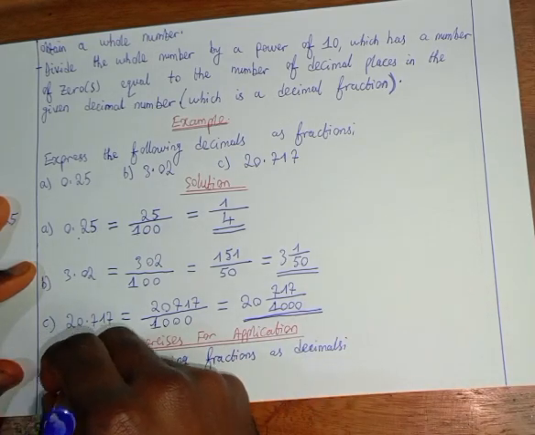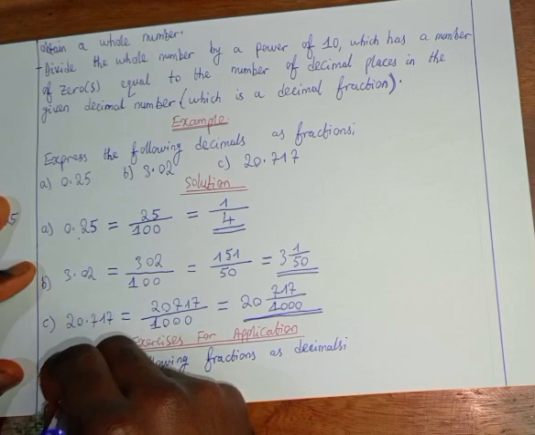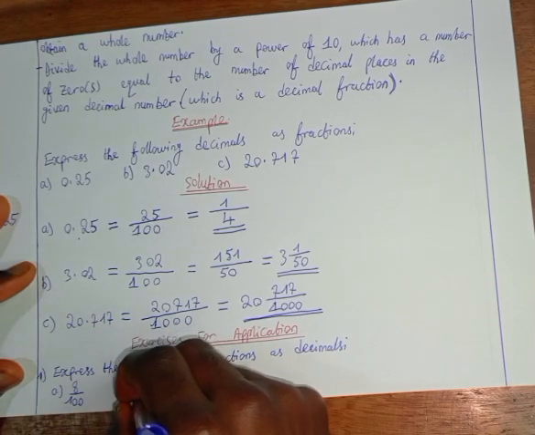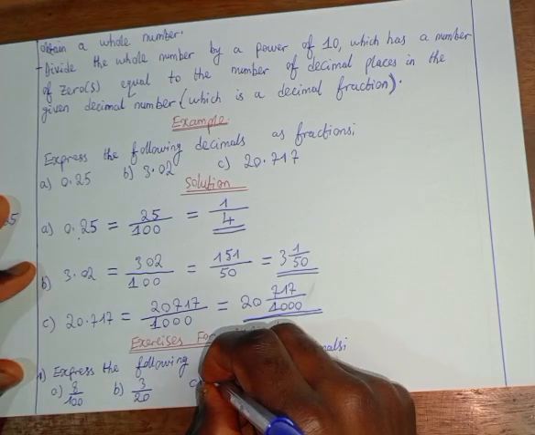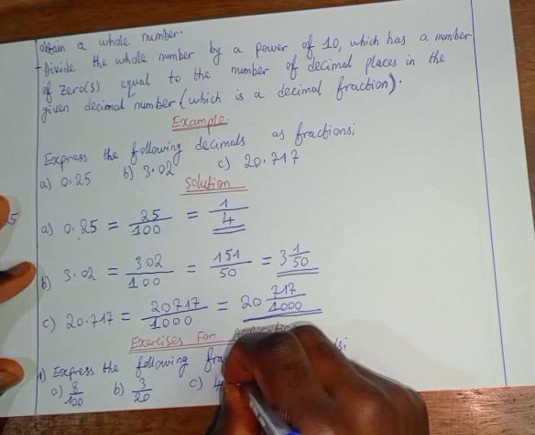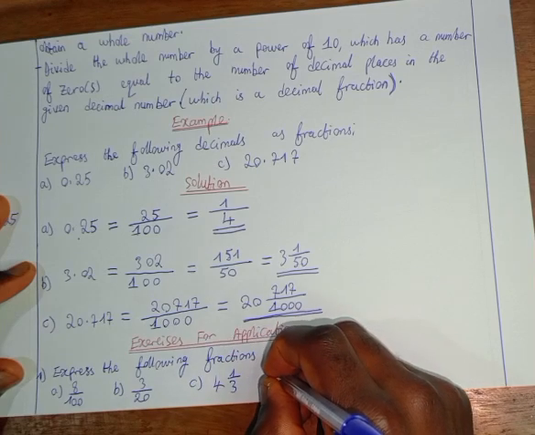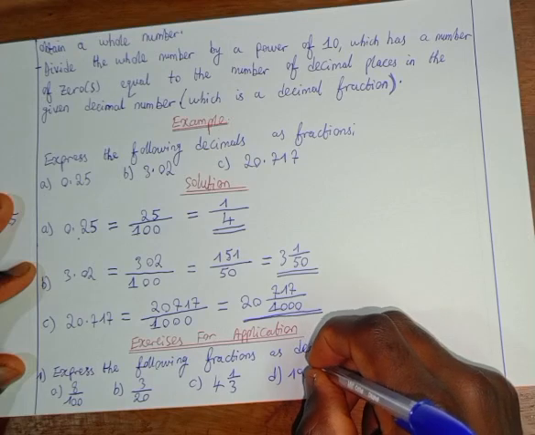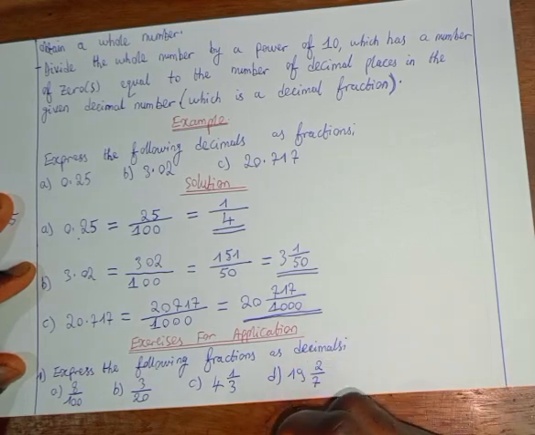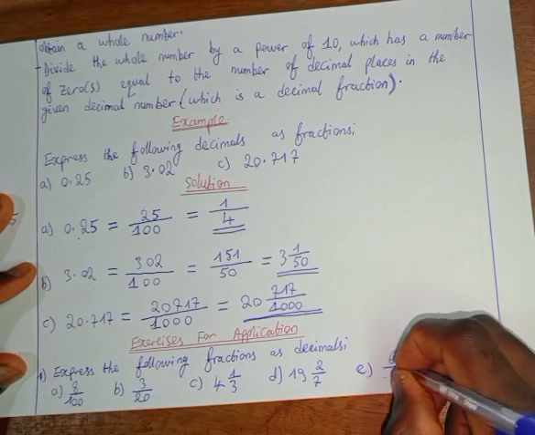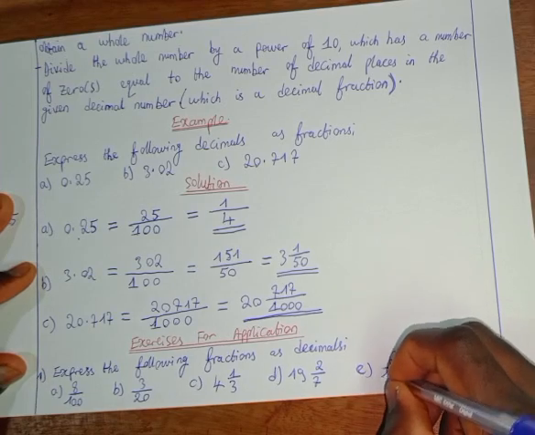For A, we have the fraction 8 over 100. B, we have the fraction 3 over 20. C, we have the fraction 4 and 1/3. D, we have the fraction 19 and 2 over 7. For E, we have the fraction 6 over 11.